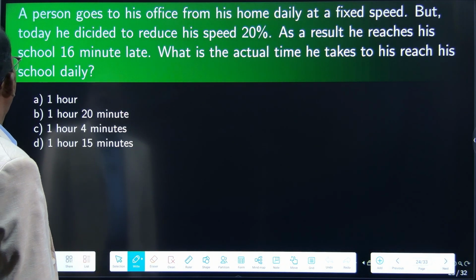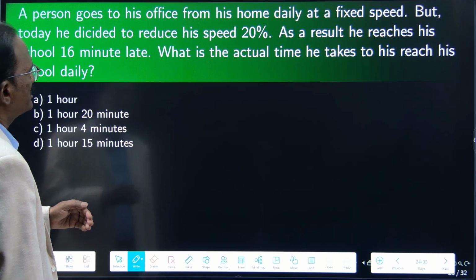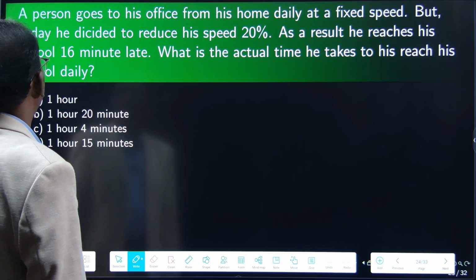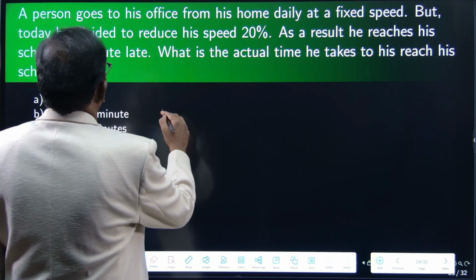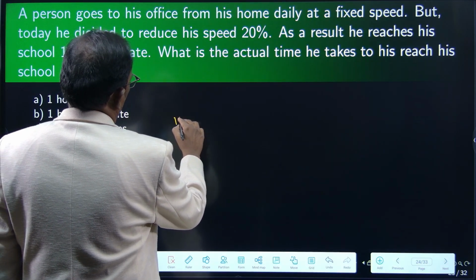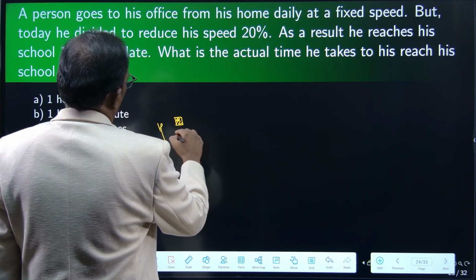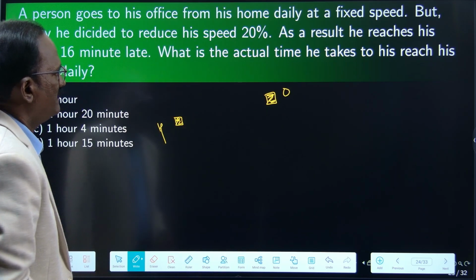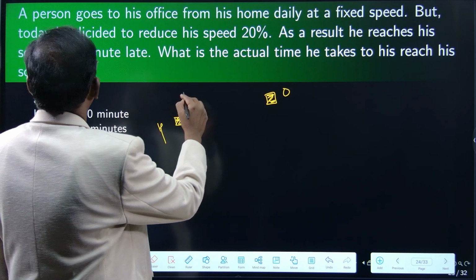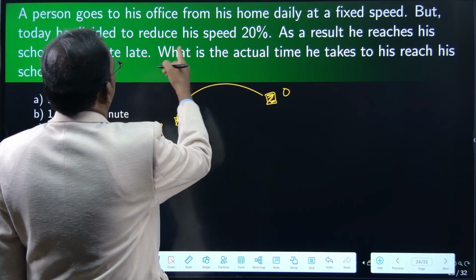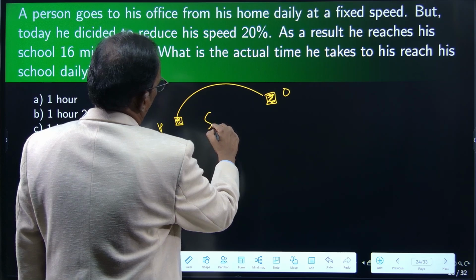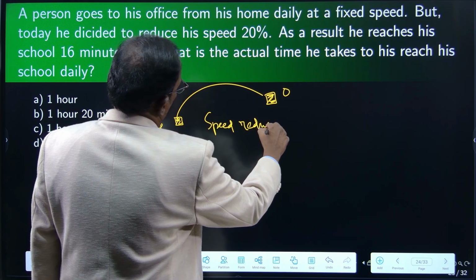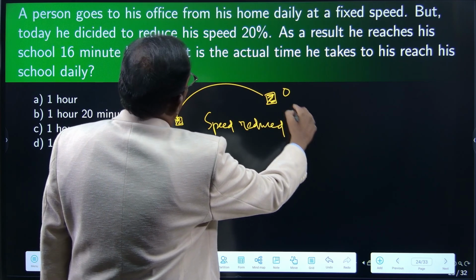Yes. Next question. A person goes to his office from his home daily at a fixed speed. From home to office. This is home, then this is office, with a fixed speed, right? He decided to reduce his speed by 20%.